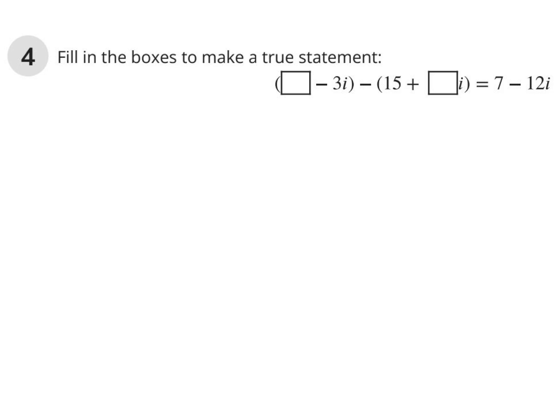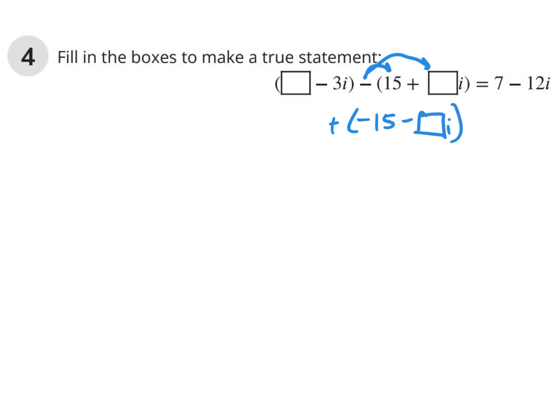Okay, now fill in the boxes. So what we're going to have to do here is separate. But no, the first thing we're going to do, before we separate, is distribute the negative. Distribute this negative. All right, so this becomes -15 minus box i.